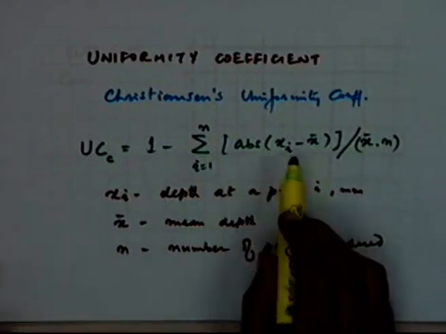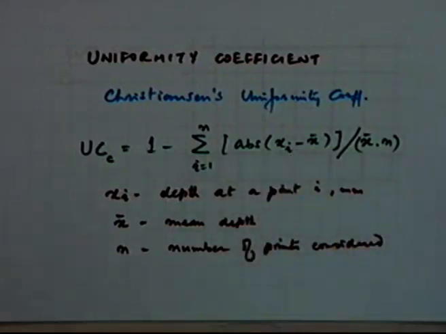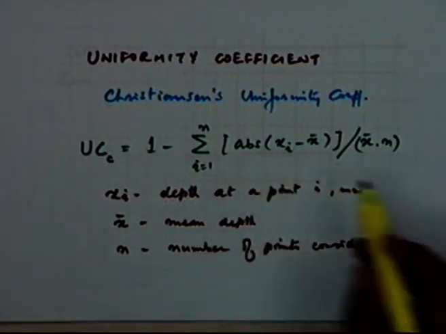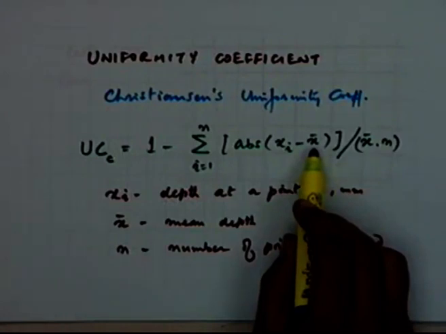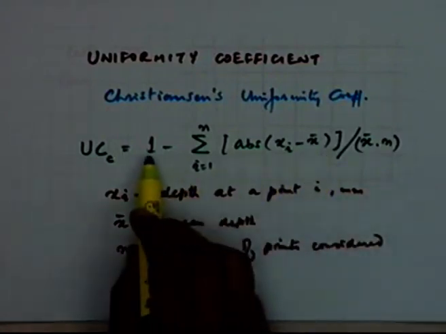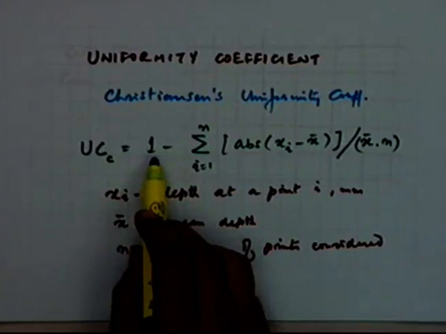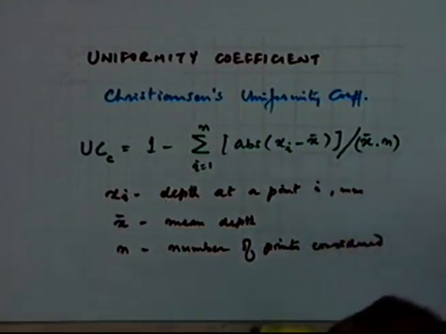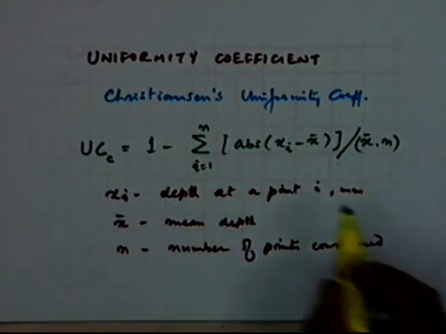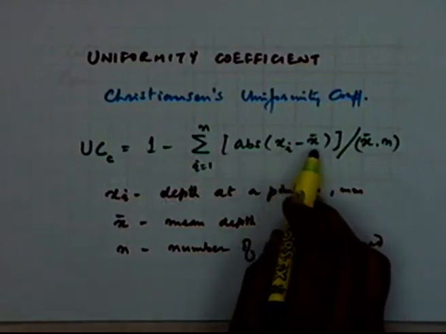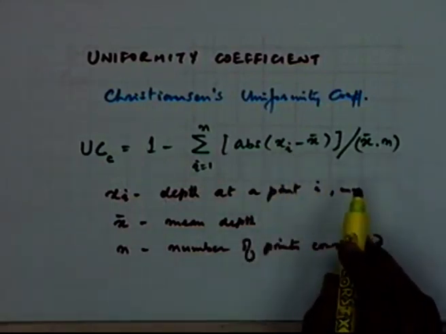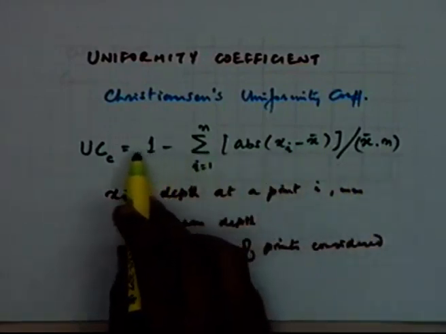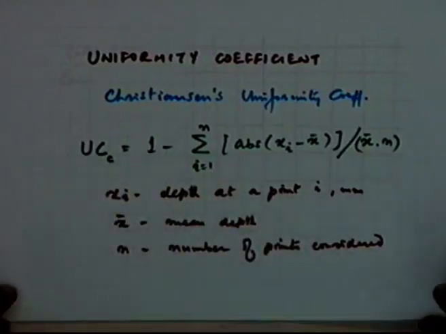If all the cans catch the same amount, that means each individual observation will be equal to the mean value. So in that situation, your uniformity will be 100%. And on the other side, if your deviations are very high, they are much different from the mean value. In that case, you will find that the uniformity coefficient will decrease.